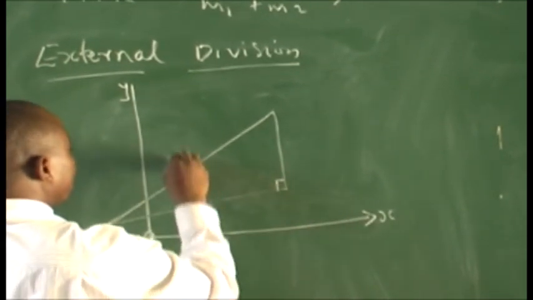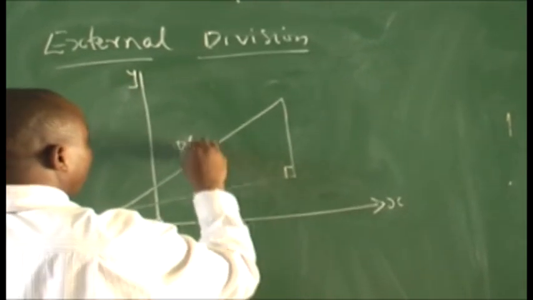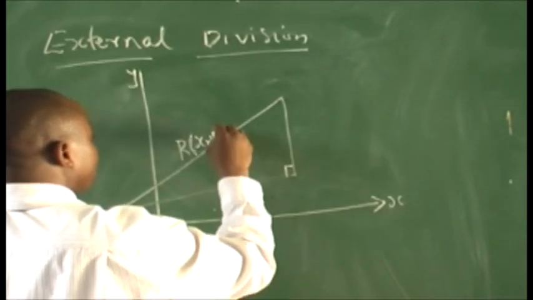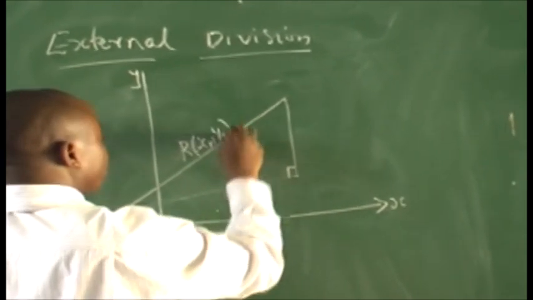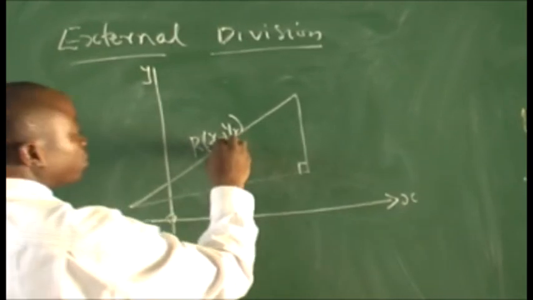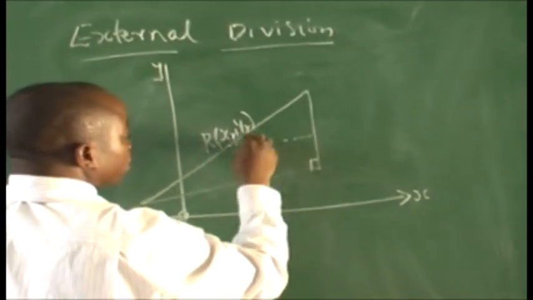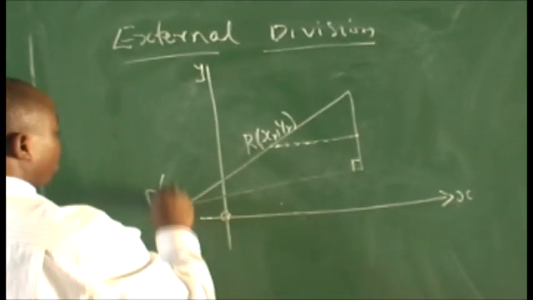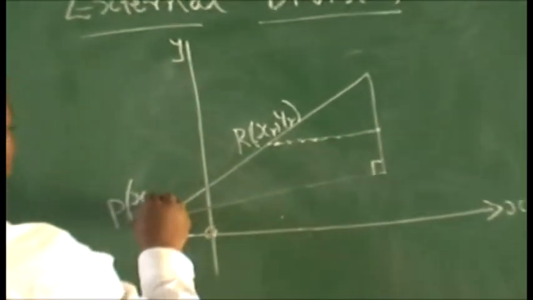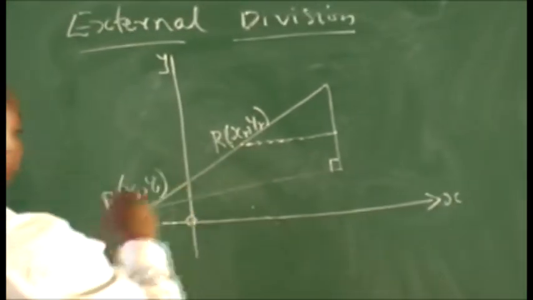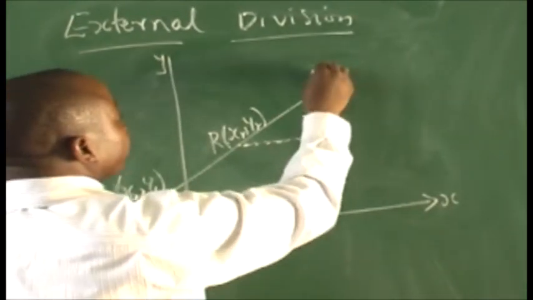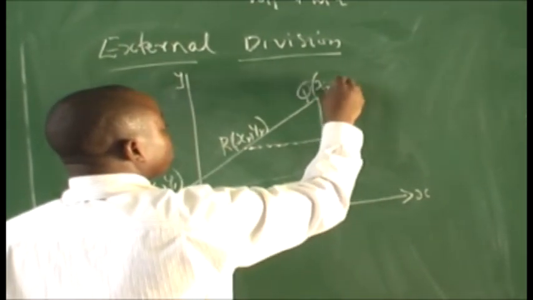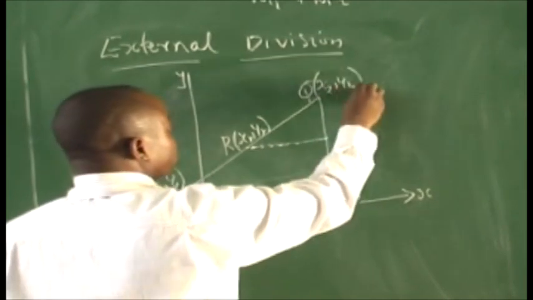Let's get a variable point as usual, where we have XR and YR coordinates. Now, I have point P. Point P has coordinates X1 and Y1. And I also have another point here, call it point Q, with coordinates X2 and Y2.